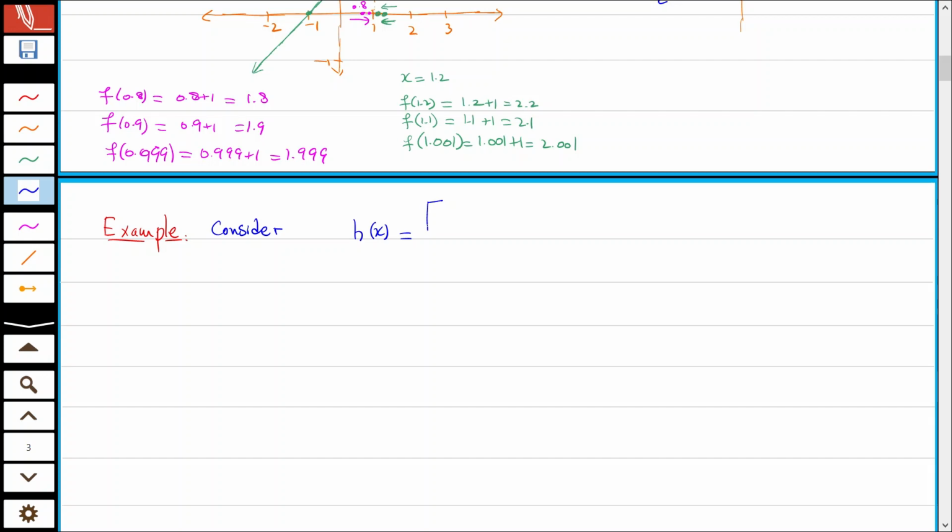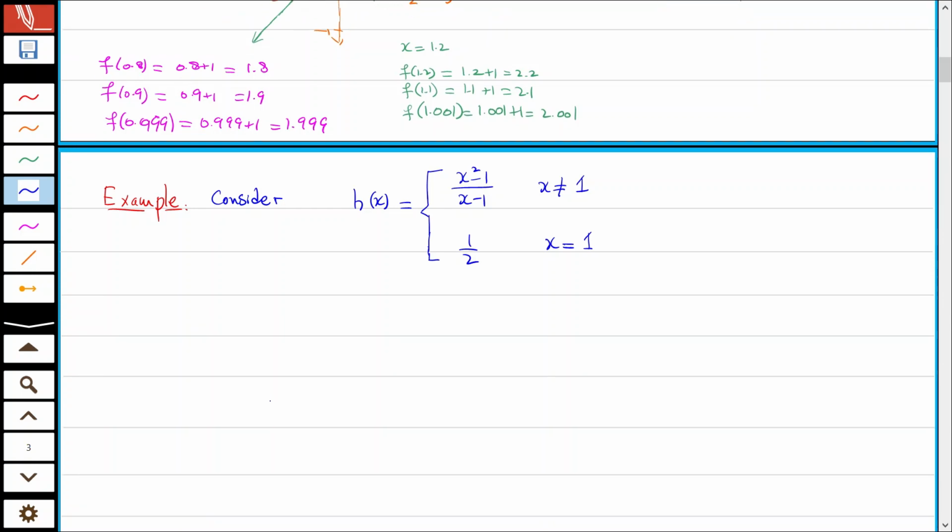It equals, it's a piecewise function, x squared minus 1 divided by x minus 1, only when x is not equal to 1. And it's equal to, let's say, 1 over 2 when my x equals 1. Let's try to graph this function.